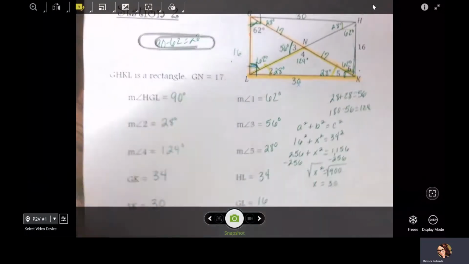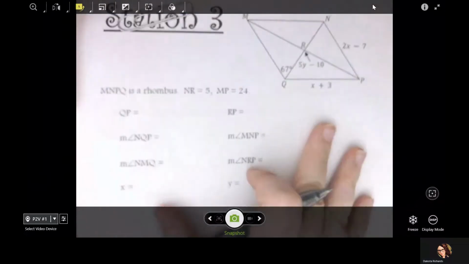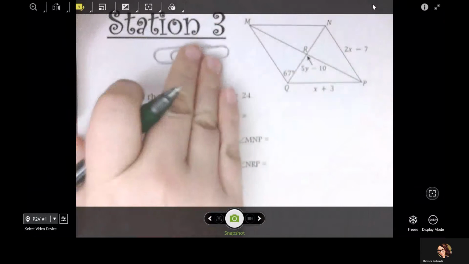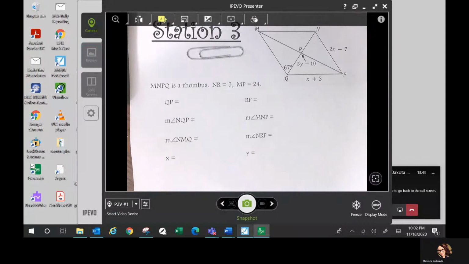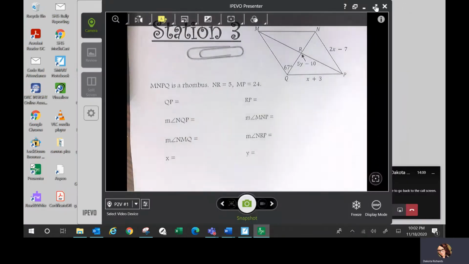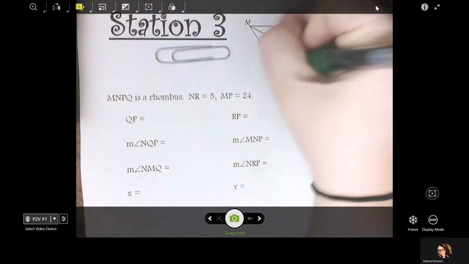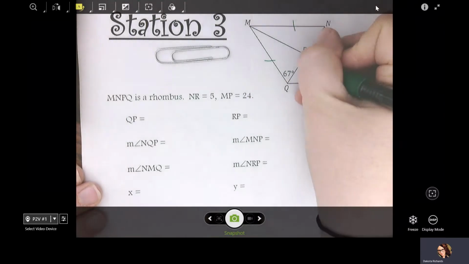Okay, station 3. This is a rhombus. So going back to your little cheat sheet, study sheet, a rhombus is a parallelogram with 4 congruent sides. Diagonals are perpendicular. Diagonals bisect opposite angles, and you have 4 right triangles. So we have 4 congruent sides, and the diagonals are perpendicular.